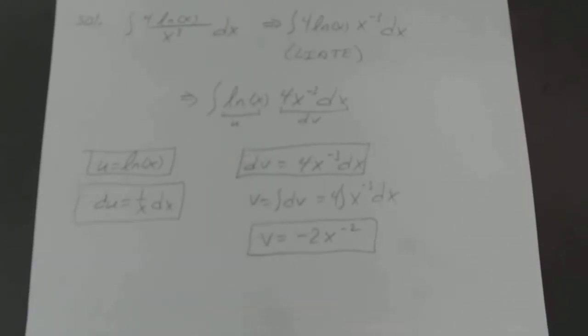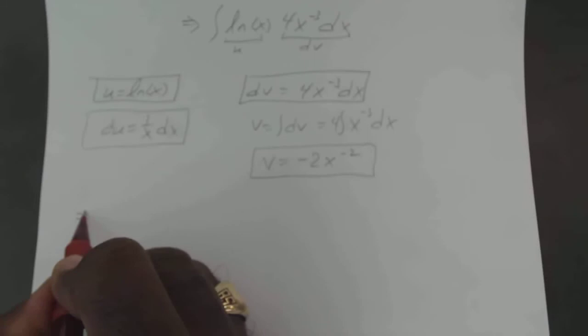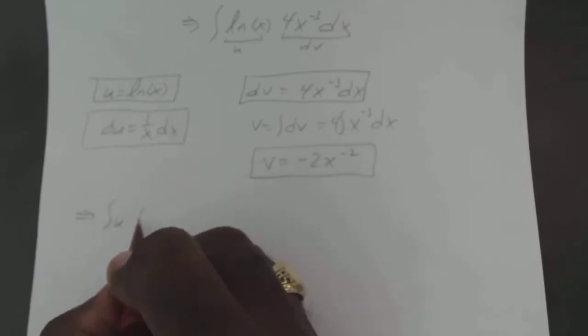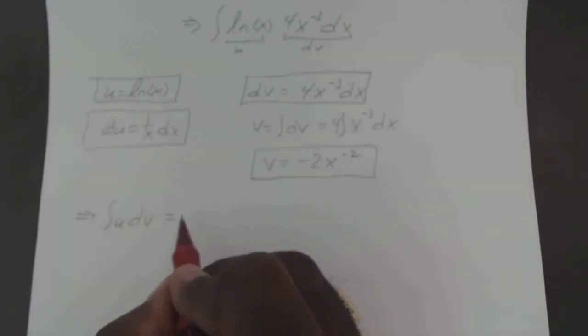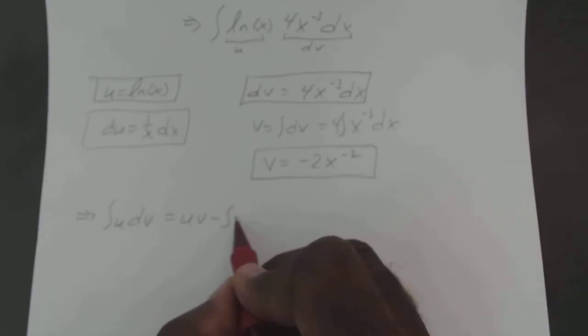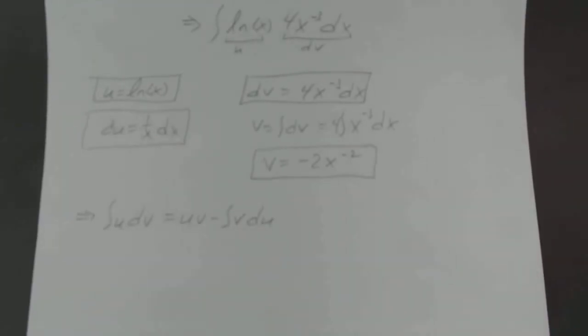Okay, so now we have everything. We just go ahead and plug them right in. Bring that up a little. The integral of u dv equals uv minus the integral of v du.